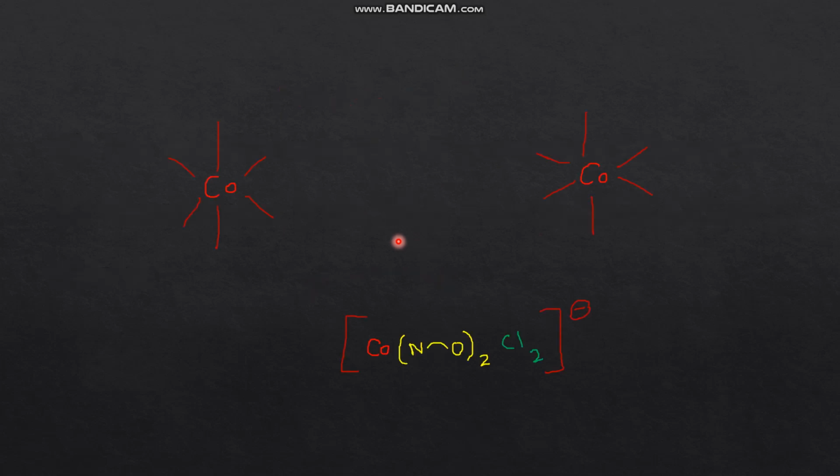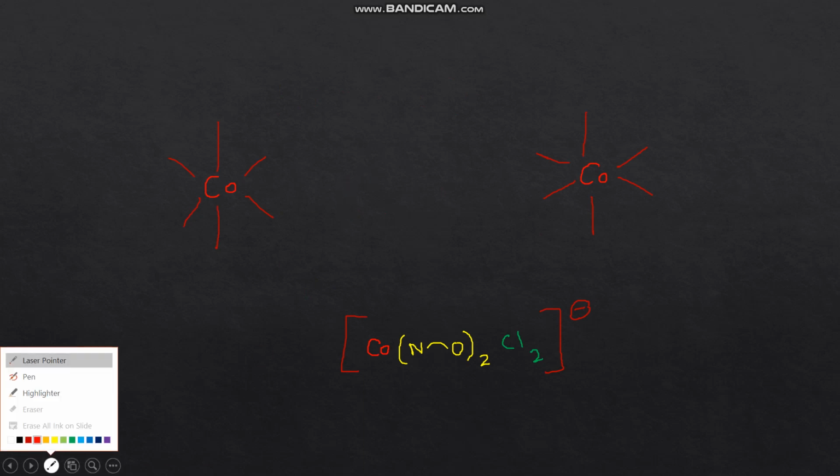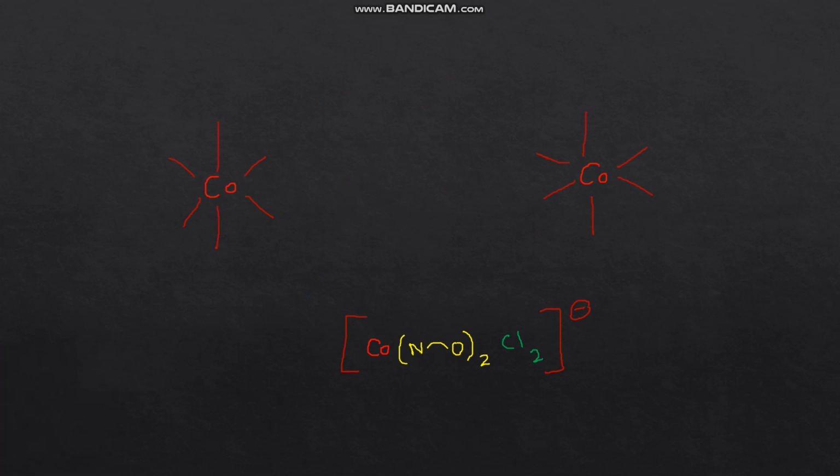Whenever there are two ligands to be assigned positions in an octahedral complex, always assign them as cis and trans. In the cis structure, the Cl would be on the same plane.